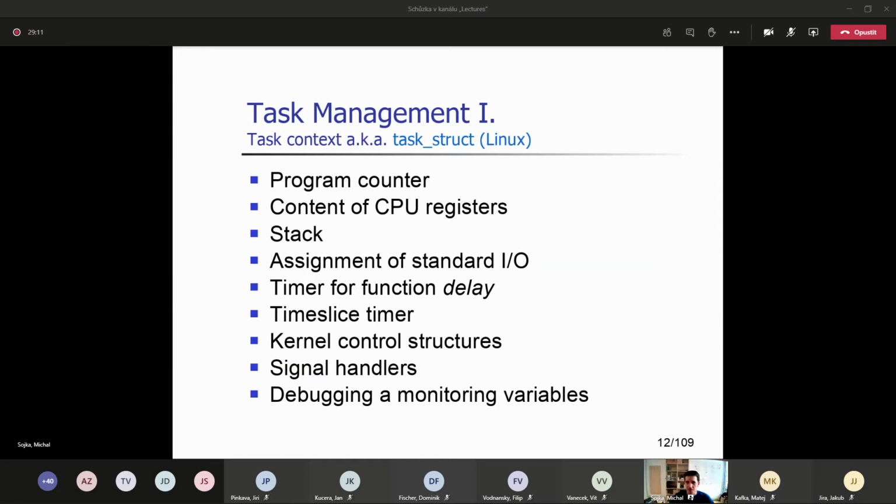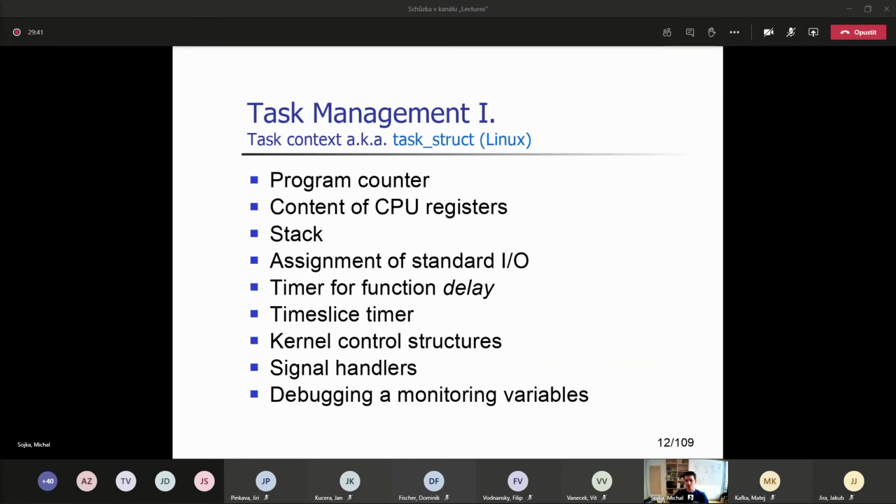The operating system kernel stores the basic information about the task. For example, what is the program counter? If the task is preempted, meaning that the task is not being executed, then where to continue with the execution after the CPU is ready to execute the task again. Then there is the content of the CPU registers, with the same purpose.